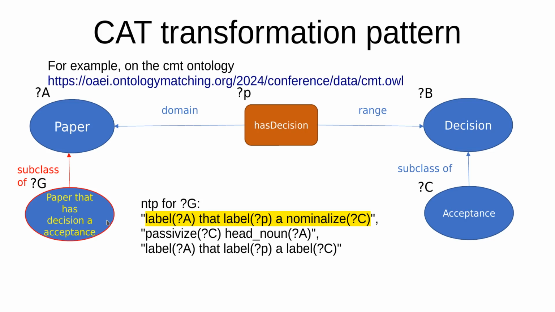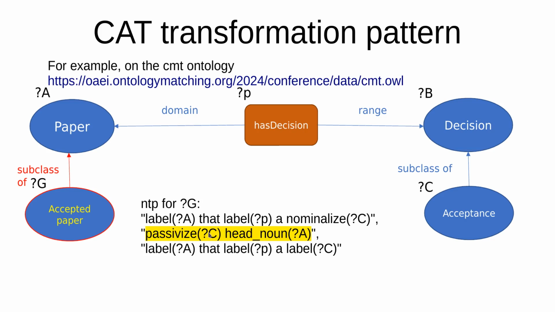It's not completely okay, but it's not bad. It's quite good. Then we can see another one, the passivize, which is concatenated with the head noun of A, and the result is accepted paper. Actually, these naming operations work on a fragment of the label, because the part of speech is not specified.